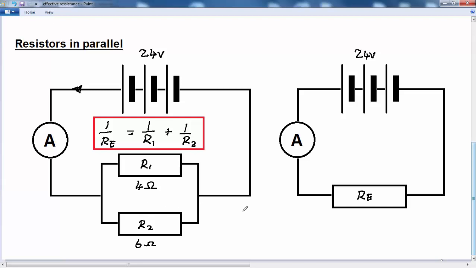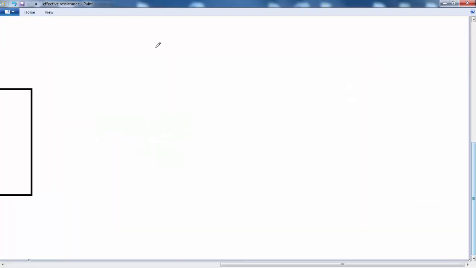Now we've got to calculate the value of RE. I'm going to move over here to make more space. We remember our relationship, 1 over RE equals 1 over R1 plus 1 over R2. Plugging our values in, 1 over RE equals 1 over 4 ohms plus 1 over 6 ohms.